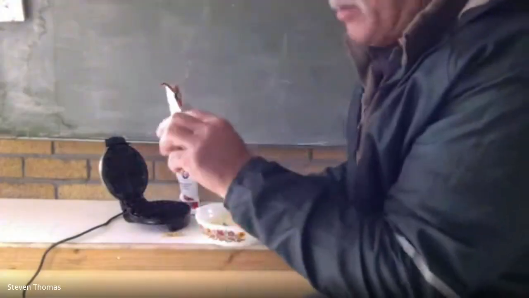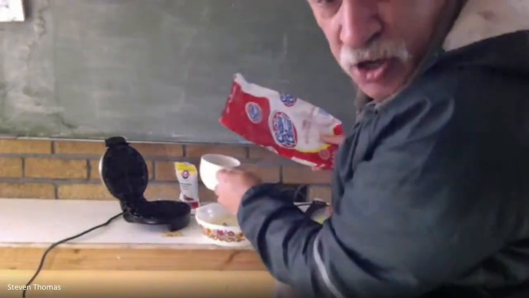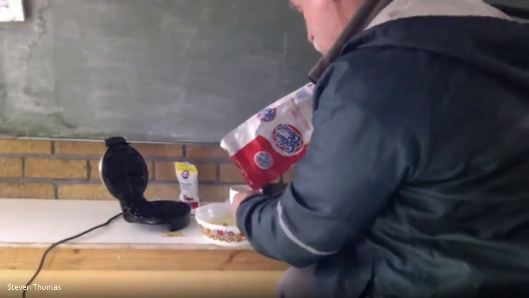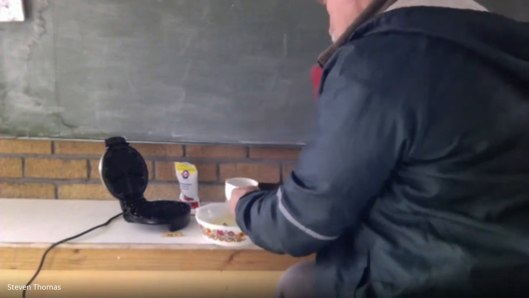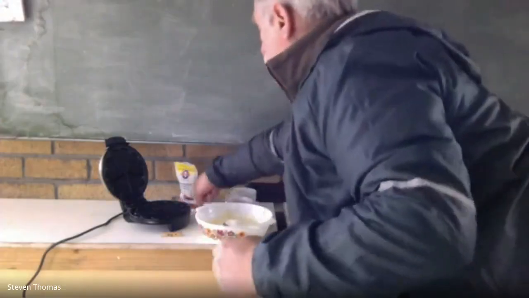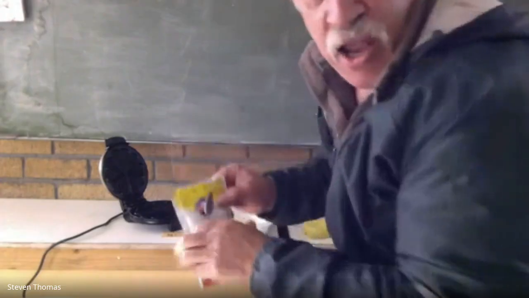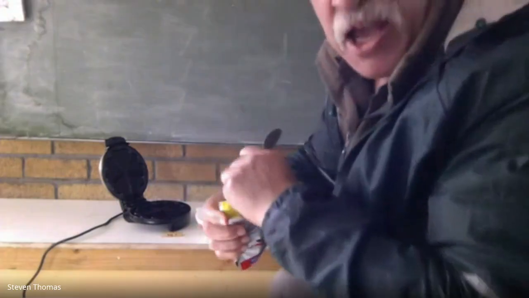Okay, guys, I'm going to have to modify the recipe. It's going to have to be 1.5 cups of flour because I can see it's a bit runny. And I'm going to have to add another teaspoon of baking powder.